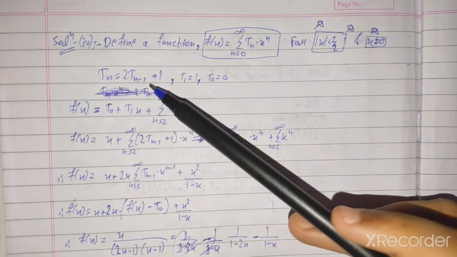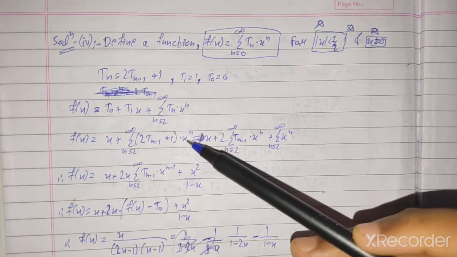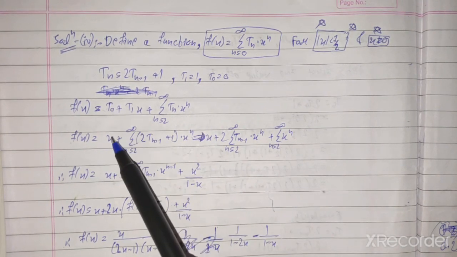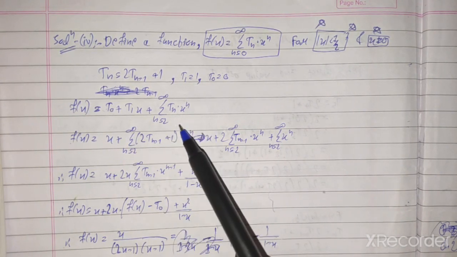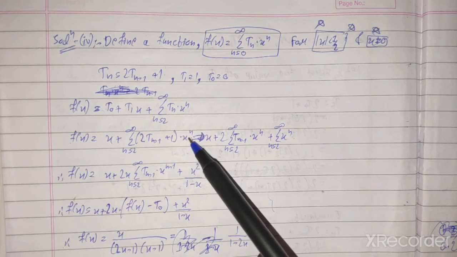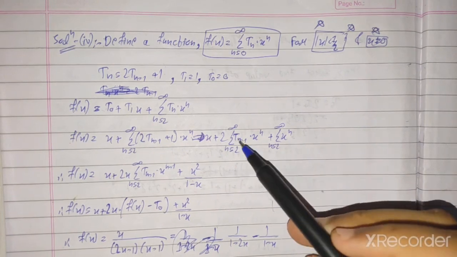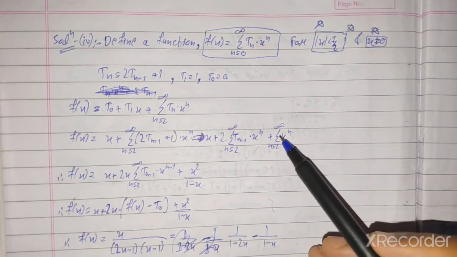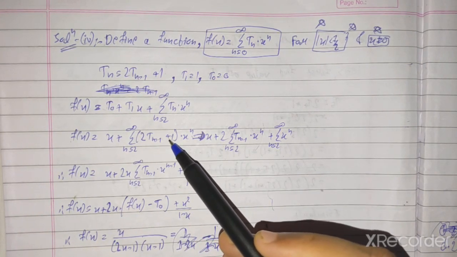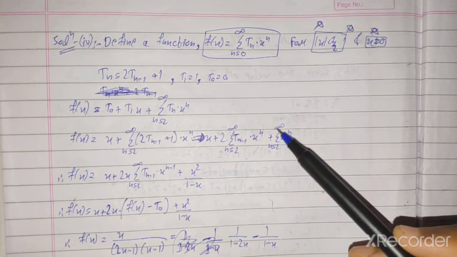Tn we have been given here, 2 t(n-1) plus 1, times x^n, which is nothing but x plus, breaking the sigma, 2 sigma n is 2 till infinity t(n-1) x^n plus sigma x^n.